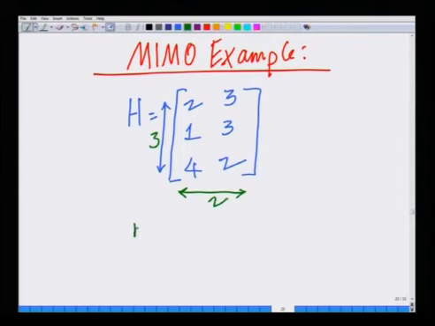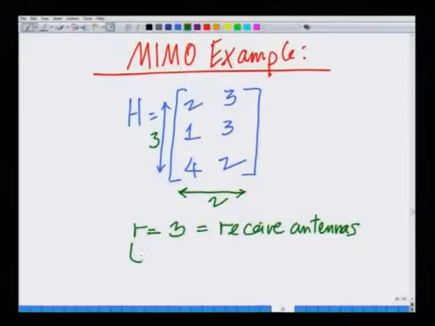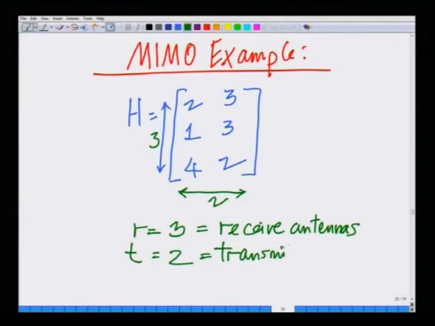Hence, the number of receive antennas equals 3, and the number of transmit antennas T equals 2, that is the number of columns.